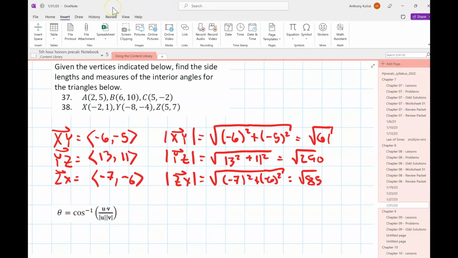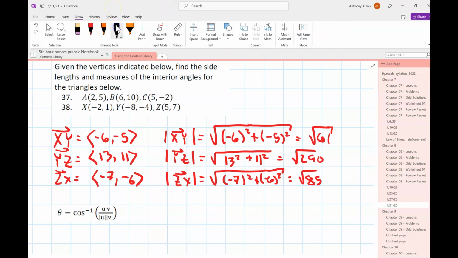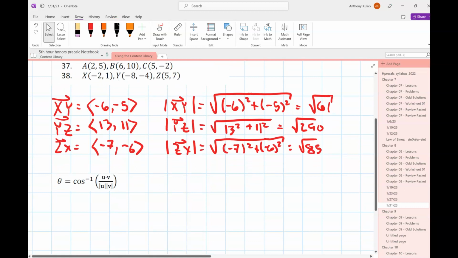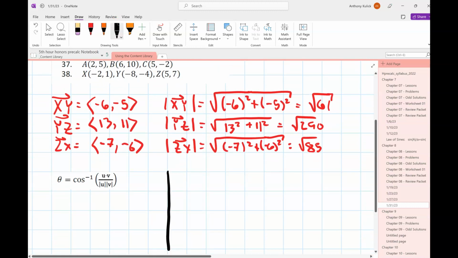But if you remember, the way this had to work was that these had to be my vectors u and v. So if I think about the picture that I have here, we'll just kind of plot this real quick.